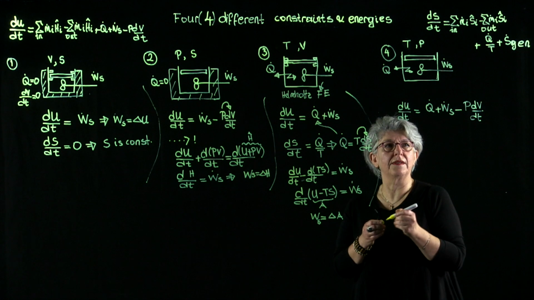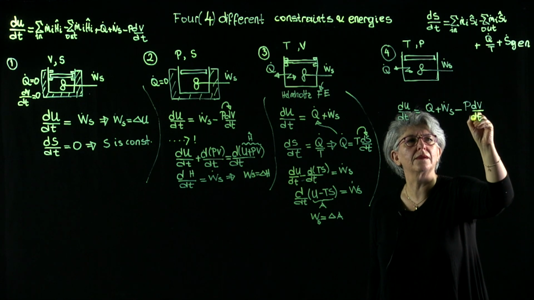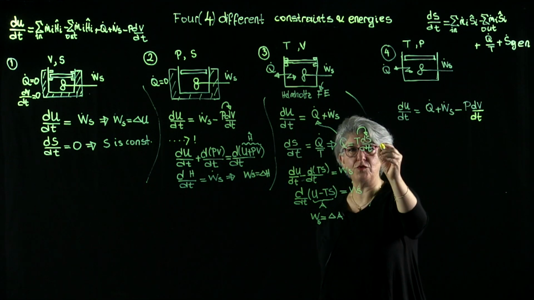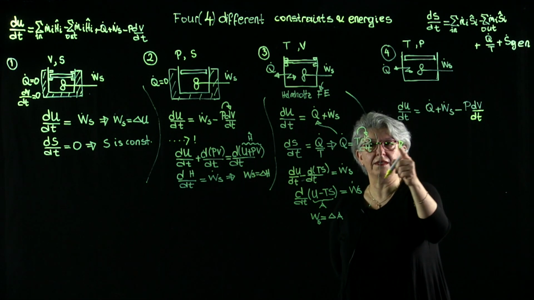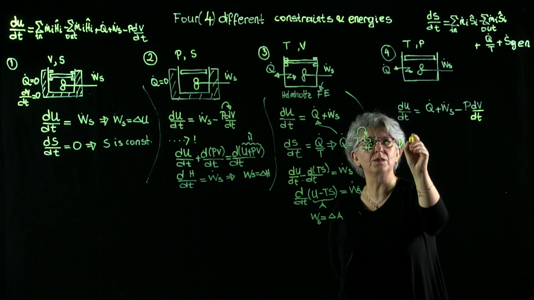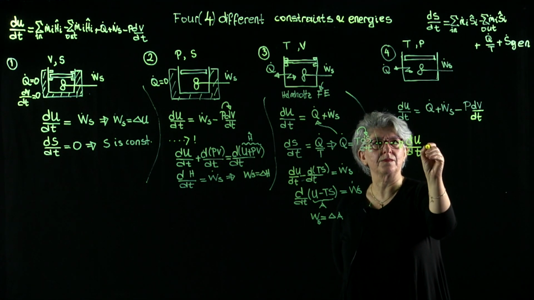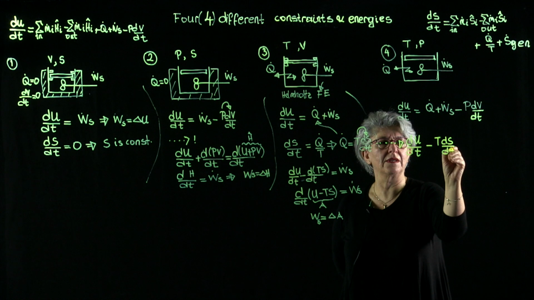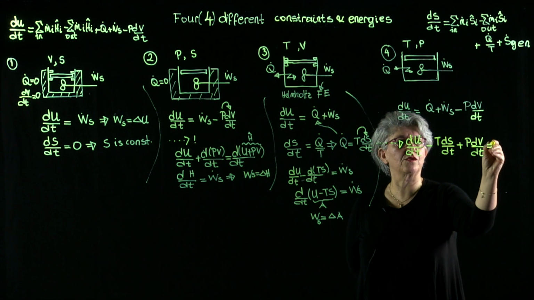So this combined with the entropy balance, the same term prevails here. Q is T ds over dt. I'm going to substitute that Q minus T ds over dt plus P dV over dt is my shaft work.